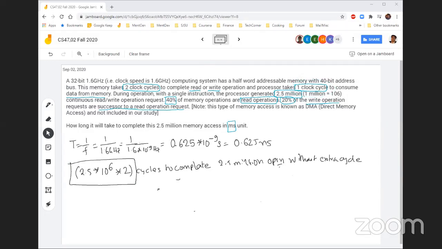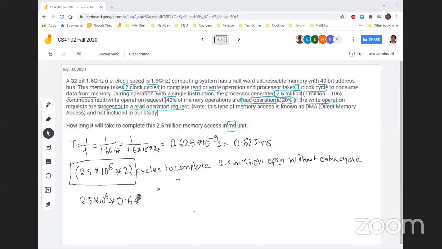Now let us consider that back-to-back delay. We have 2.5 million operations, and 60% of them are write operations, because 40% are read operations, so 0.6.